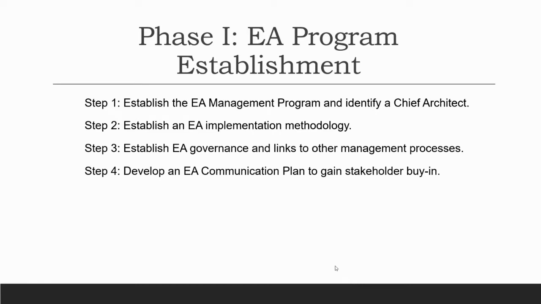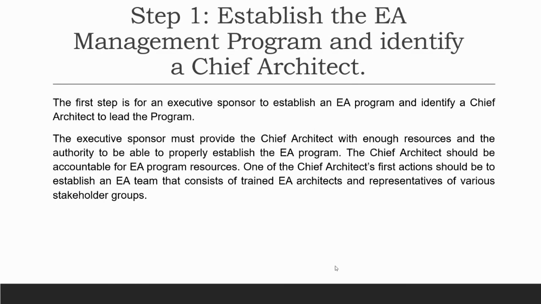These pre-documentation tasks are critical to ensuring that the EA program has clear goals, is focused, and is accepted throughout the organization. Phase one has four steps only. Step one is to establish the EA management program and identify a chief architect.